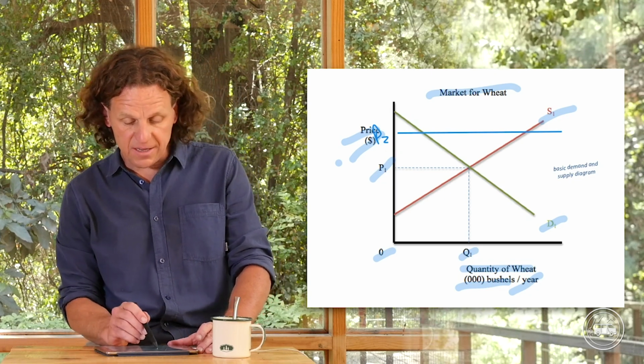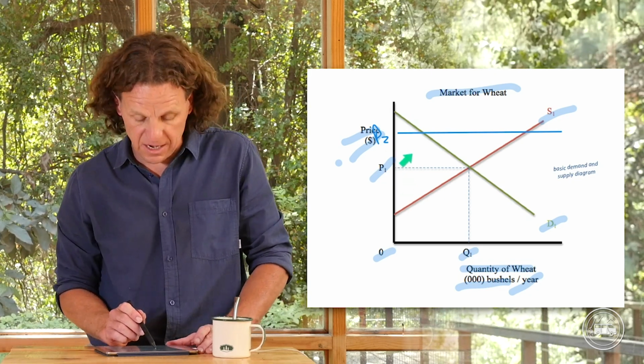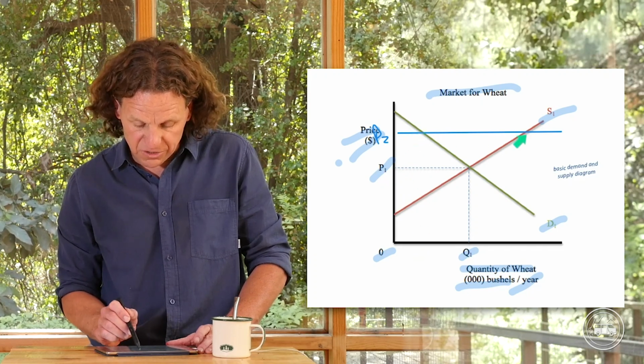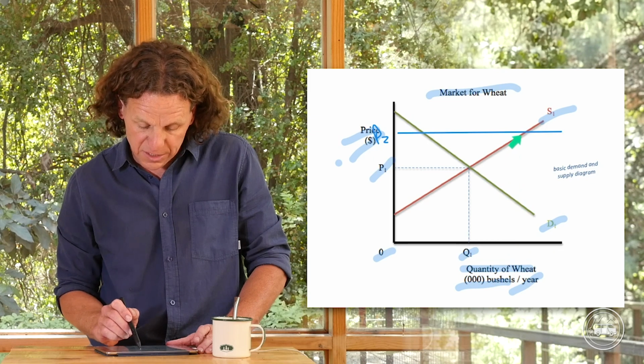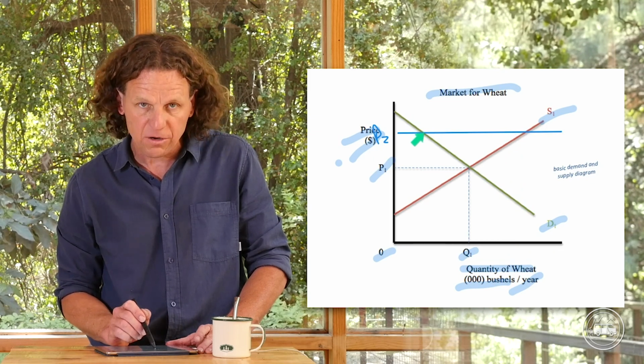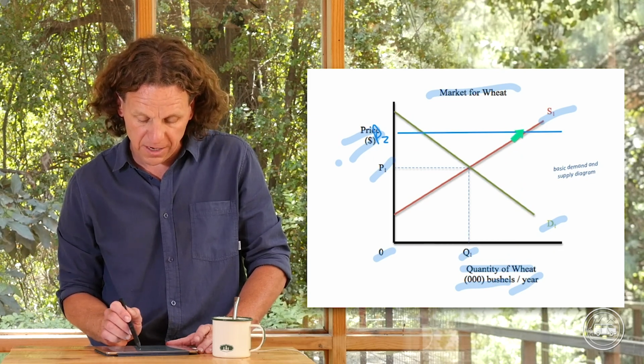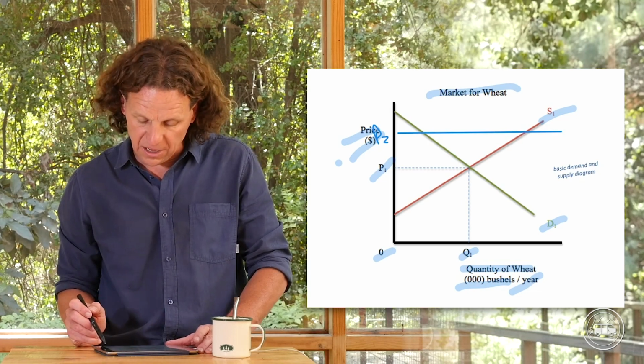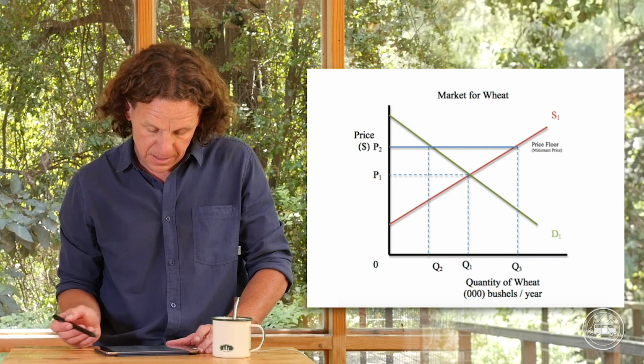And just like the price ceiling diagram, you'll notice that there's an interesting spot right here, and there's also an interesting intercept right there as the price floor intercepts first with the demand curve and then with the supply curve. So let's take a look at the next diagram, and we will see how that plays out. Okay?